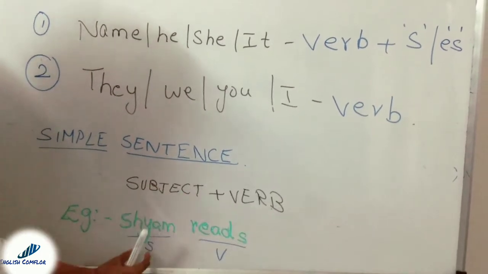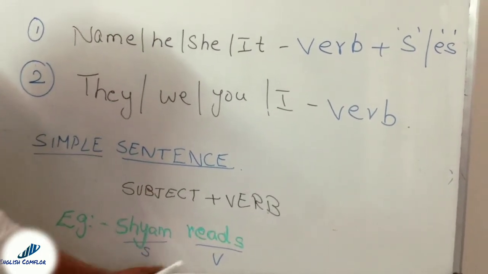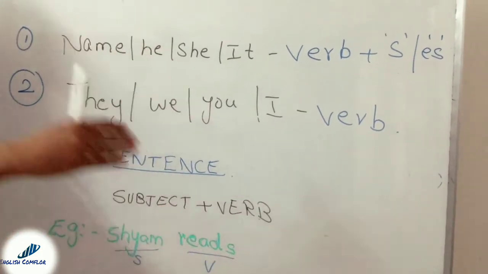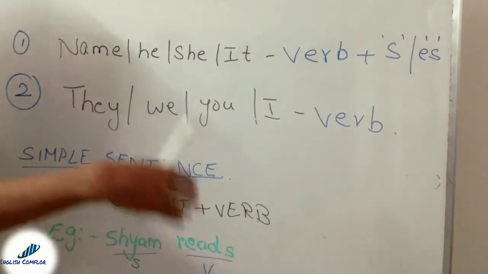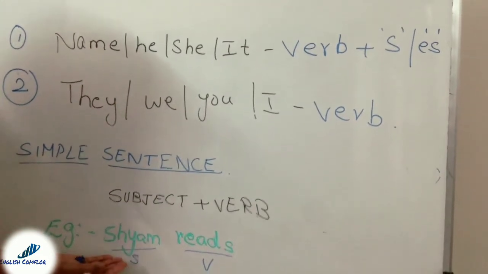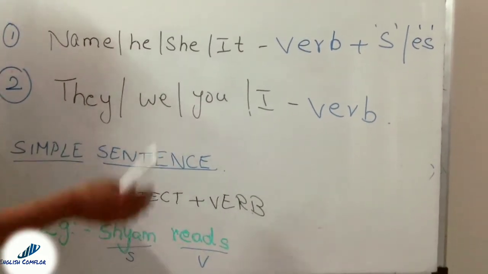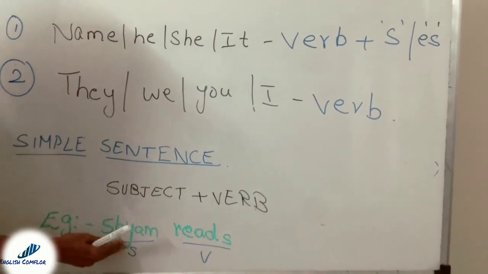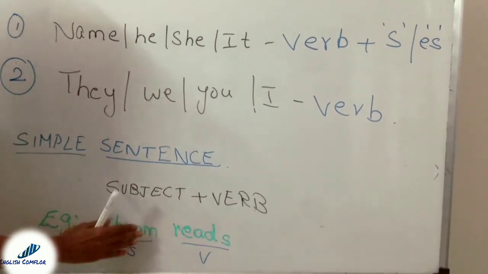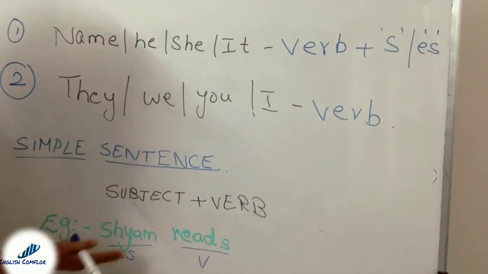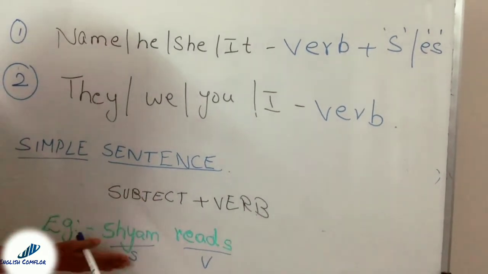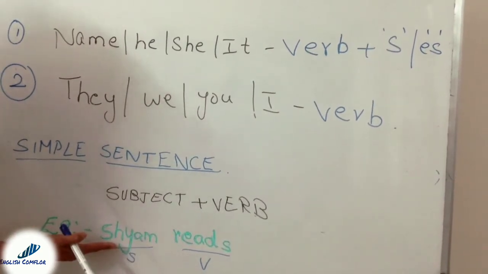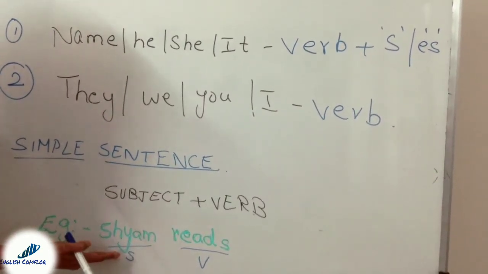Now what is the subject here? Shyam. The verb is reads. Now subject I'll be explaining in other videos in detail. Here I'll just give you a small example. It is the main noun or the pronoun of a sentence. Just understand this: it usually happens at the beginning of the sentence. That is what the subject is.